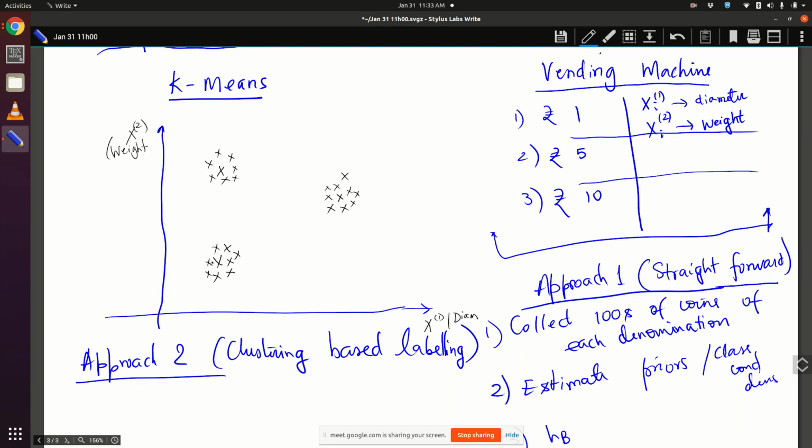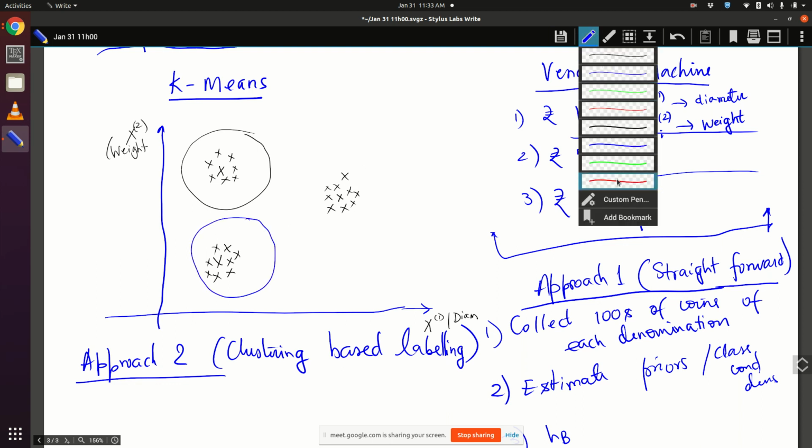The points will just keep falling, and it will become like this. Now the idea is that we will try to group them like this. So you want to group these points into three groups: this will be one group, this will be another group, and this will be the third group.